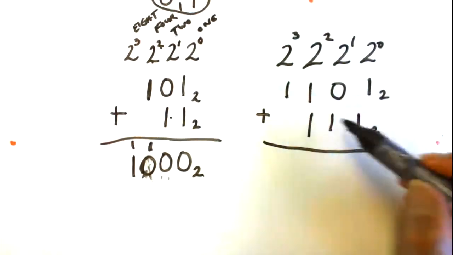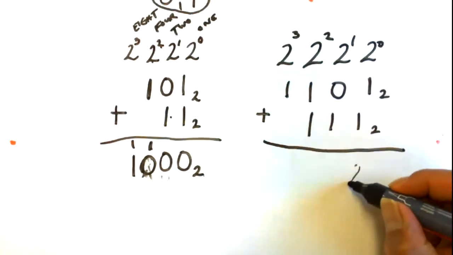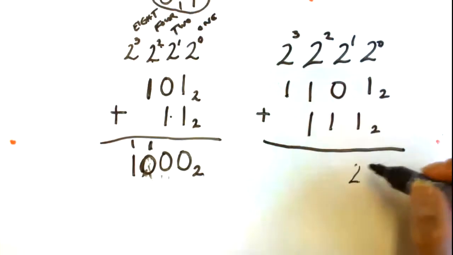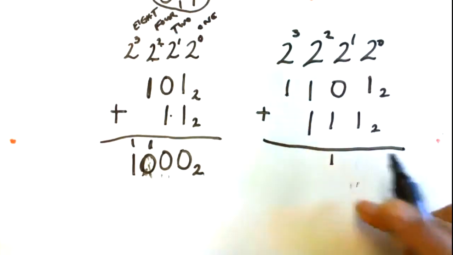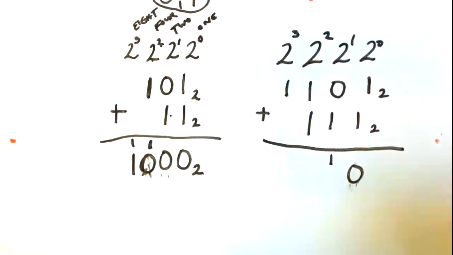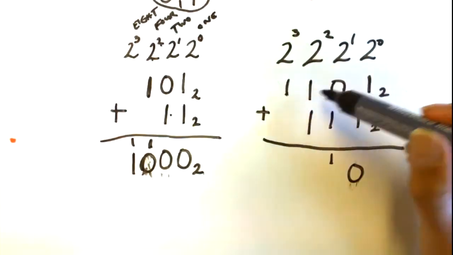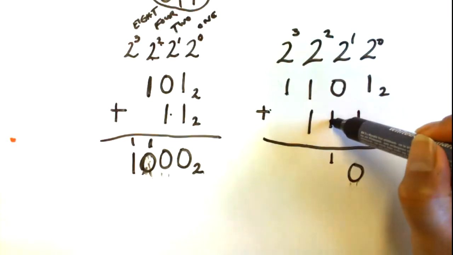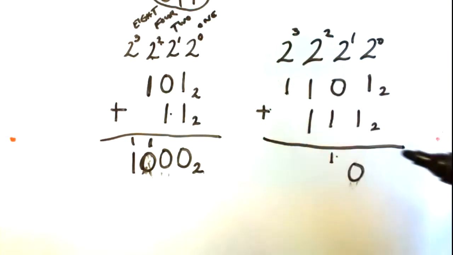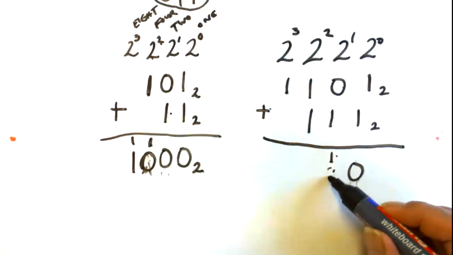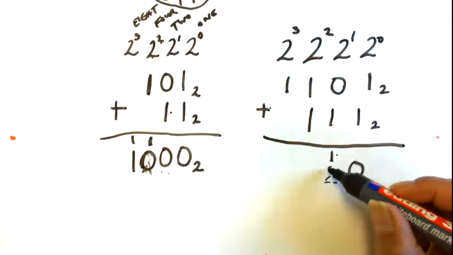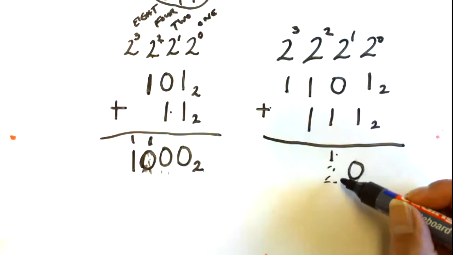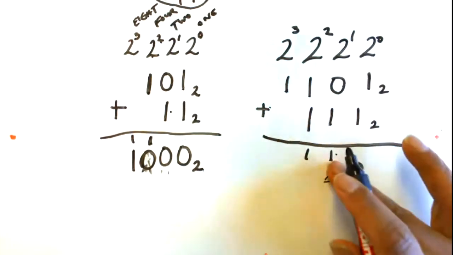So 1 plus 1 is 2. We cannot write it. Now we know from the past that 1 plus 1 is just 1, 0. So we do 0 plus 1 is 1. Add the 1 that you carried over, that's another 2, which we cannot write because we're not allowed to write 2. So 1 plus 1 is 1, 0.